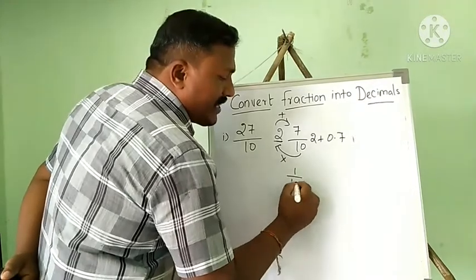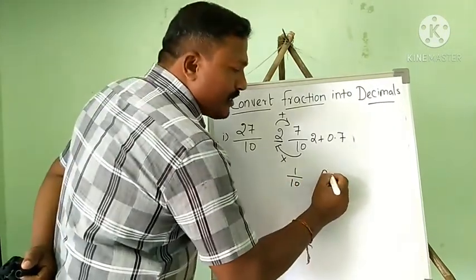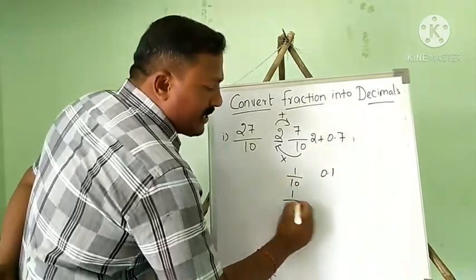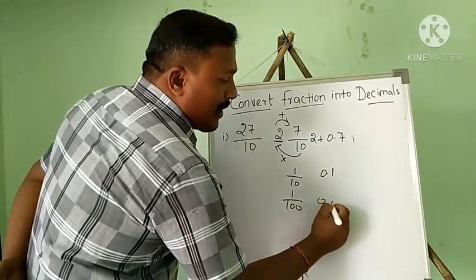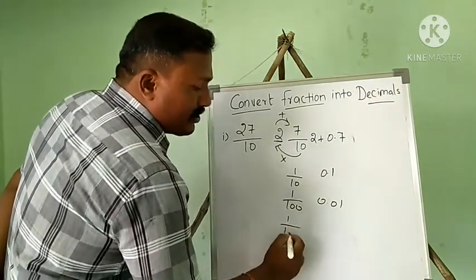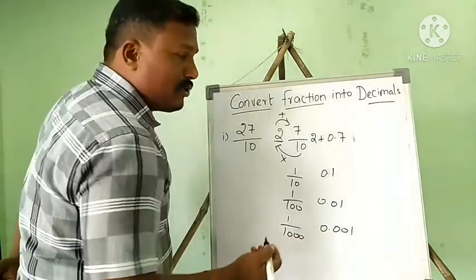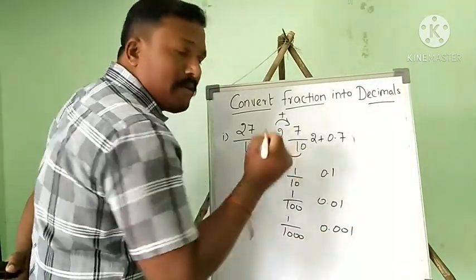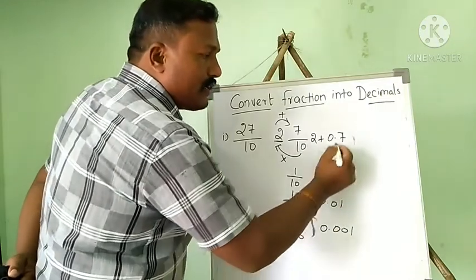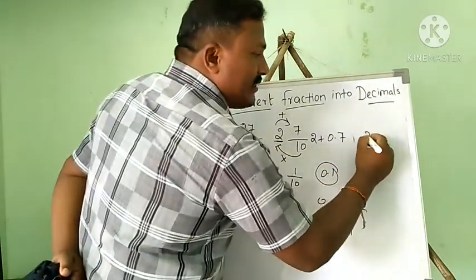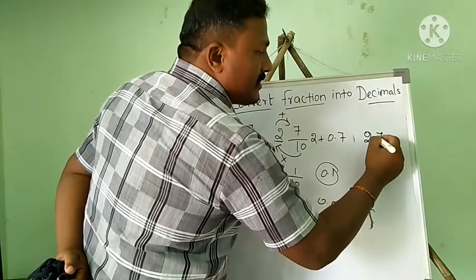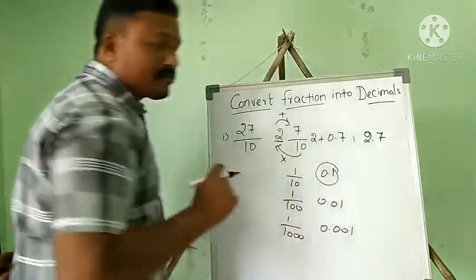See, what is the value of 1 by 10? 0.1. What is the value of 1 by 100? 0.01. What is the value of 1 by 1000? 0.001. This is the value. So as per that, the value of 7 by 10 is 0.7. If you add, you get 2.7.